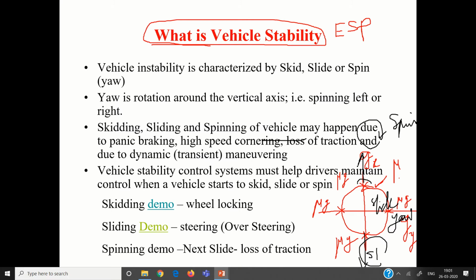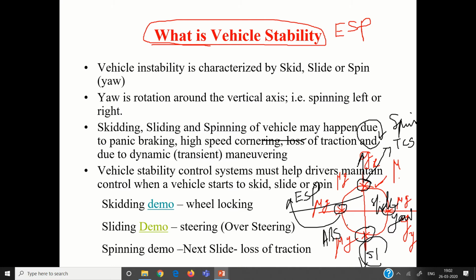By chance, if a driver exceeds this point, to avoid this we said TCS, the traction control system. To overcome this situation, we have explained ABS can be used. To overcome this situation, we are talking about yaw control, that is what the electronic stability program is.